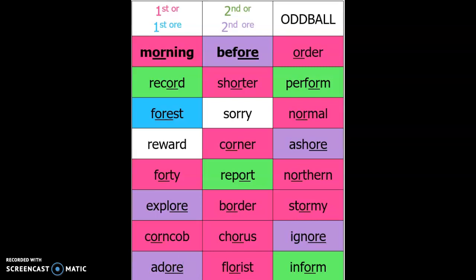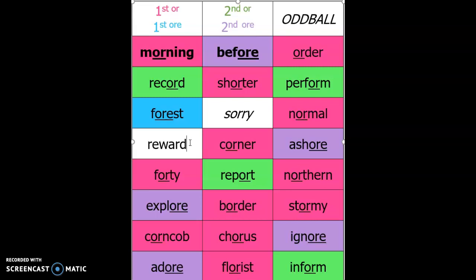So what you'll notice left are these oddballs. Sorry does not have an or sound. I'm not saying sorry. It's sorry. It has a different sound. So that makes this an oddball. And the same thing with the word reward.